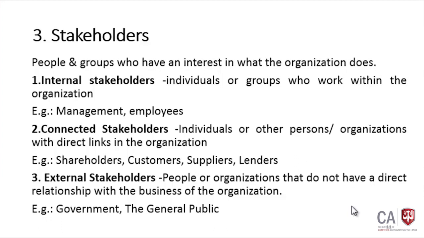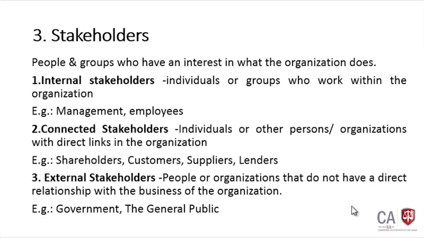Management and the employees. Then who are the connected stakeholders? Individuals or other persons or organizations with a direct link to the organization. These parties normally have a direct link with the organization. They are not inside of the company, right, but they normally have a direct link or direct relationship with the organization.